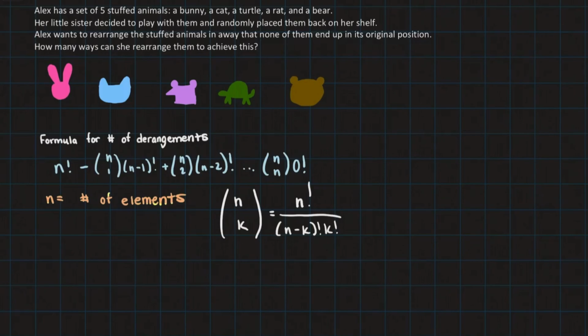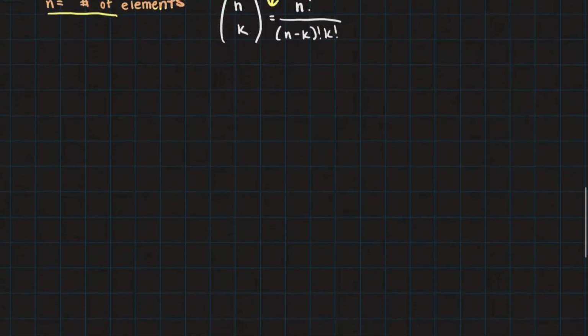Well, here we're given the formula for derangements, and n is the number of elements. If you're confused by this notation of n choose k, please refer to this formula down here. And from our problem, we know that our n is going to equal 5 because of the 5 stuffed animals. And now we're just going to sub into our formula.